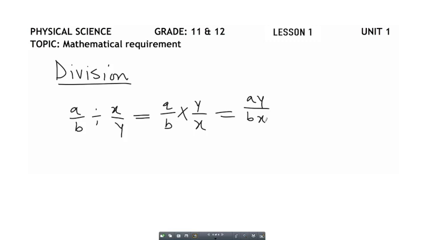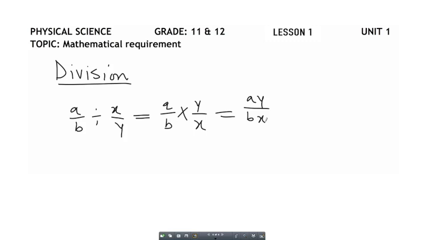So in simple terms, we need to remember that whenever we are dividing, here we have one term. This is regarded as one term because a term, remember, is separated by plus or minus. So therefore, if I have a over b divided by x over y, this is regarded as one term. Therefore, the first part of this term, a over b, does not change.